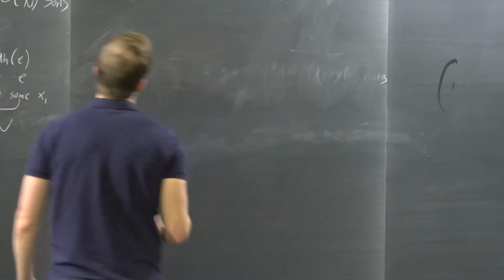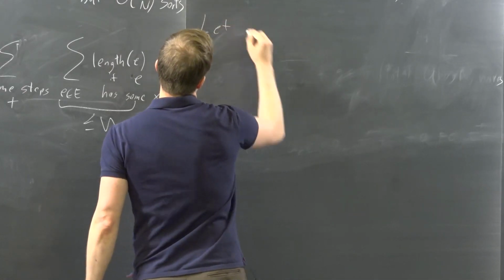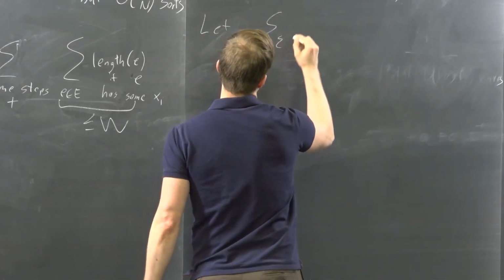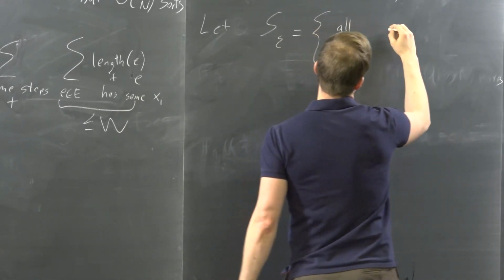My question is, let S of epsilon equal all lists.